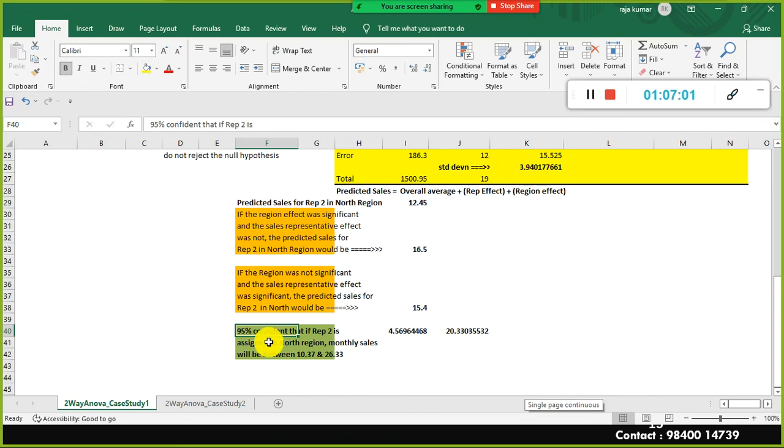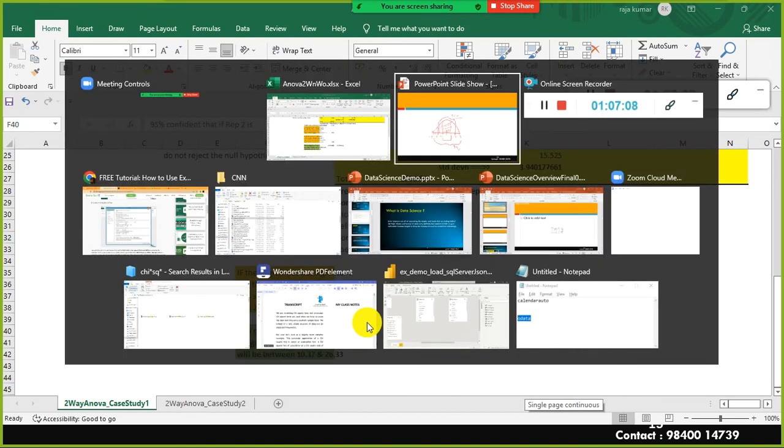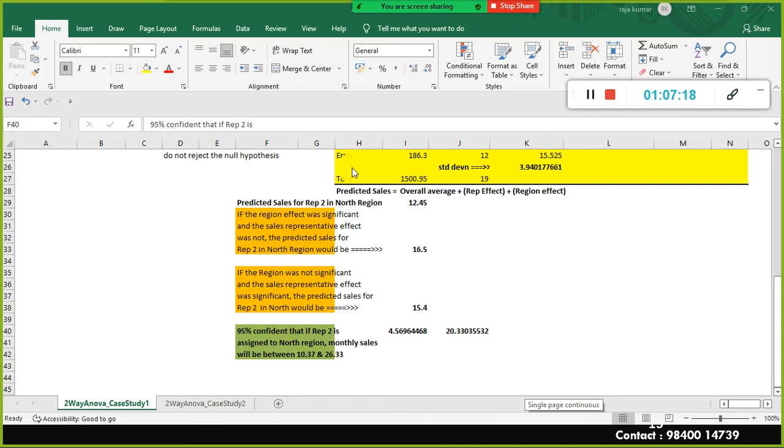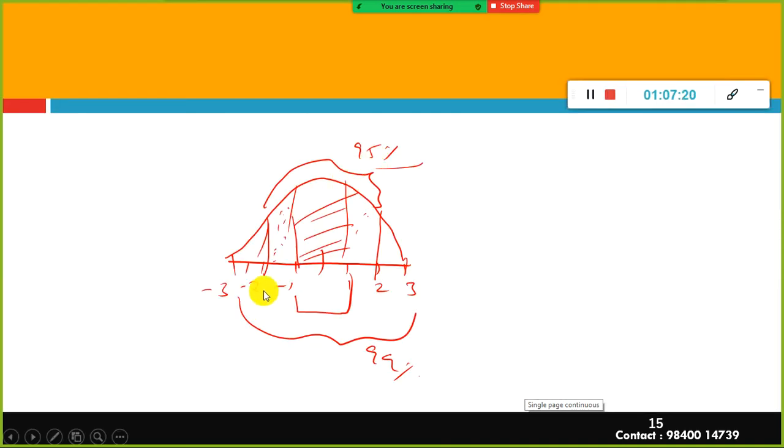Plus or minus 2 standard deviation. This area covers 95% of the area. We can say 95% of the area is covered by plus or minus 2 standard deviation, or we can say plus or minus 2 standard deviation covers 95%. We can say that way also.